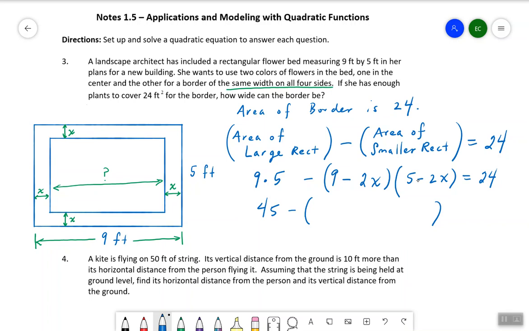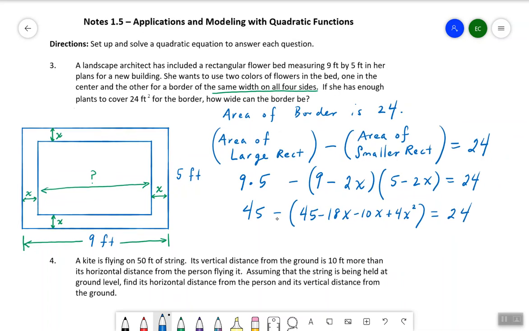So we have 9 times 5 is 45, and 9 times minus 2x is minus 18x. Minus 2x times 5 is minus 10x. And then minus 2x times minus 2x is plus 4x squared. And then all of that is equal to 24.